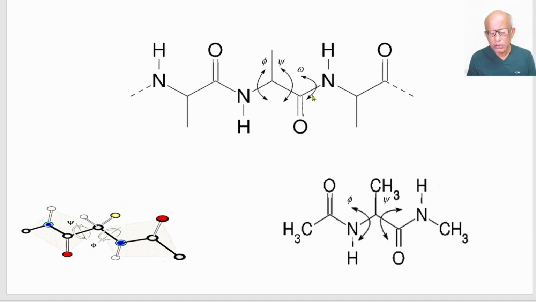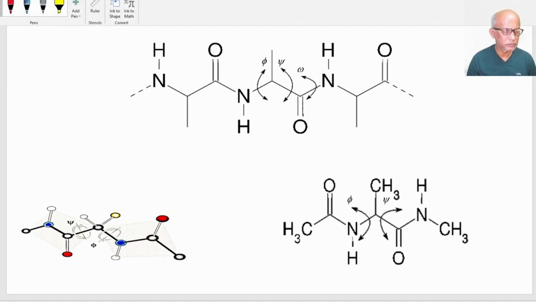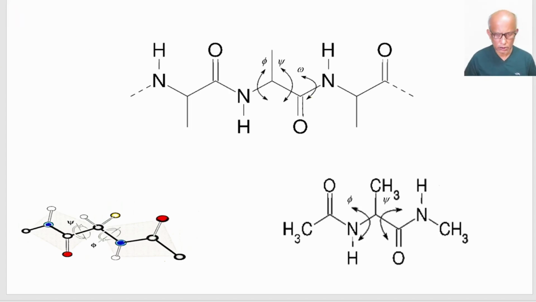Now it turns out that the peptide torsional angle, thanks to a little bit of electron delocalization between the oxygen and the nitrogen, gives this peptide bond a partial double bond character.